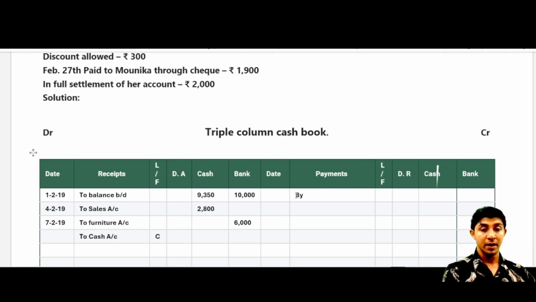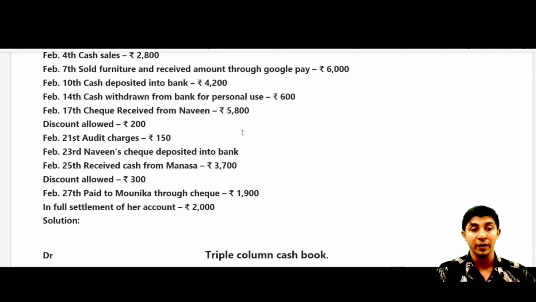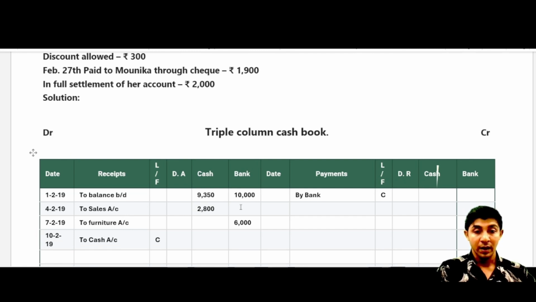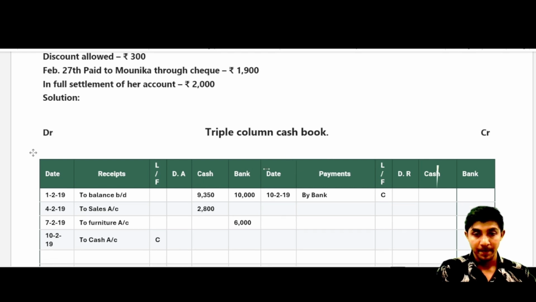By bank. What is the amount? In the LF column we will write C. The amount is 4,200 and the date is 10th Feb 2019, so we will write the date here and also here.